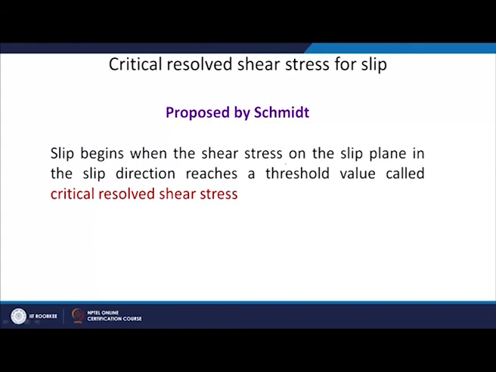Okay. So, to resolve this problem, Schmidt, one scientist, proposed that slip begins when the shear stress on the slip plane in the slip direction reaches a threshold value called the critical resolved shear stress. So, he said that when the resolved stress in that particular plane and in that particular direction reaches a critical value, then the slip process will take place in that particular plane and direction.